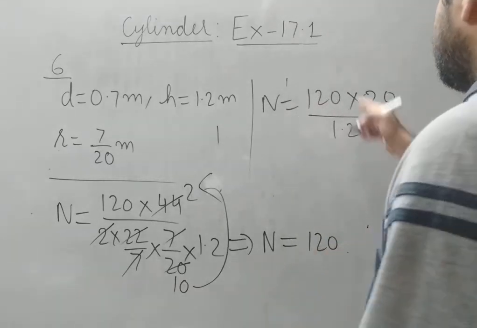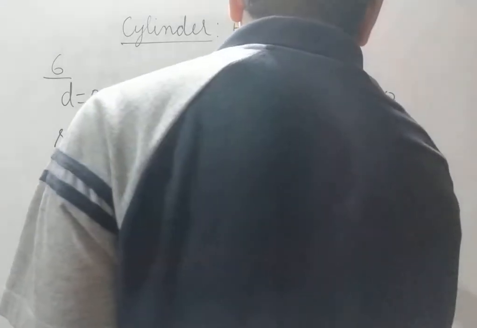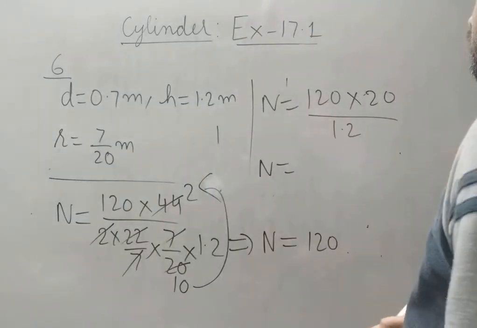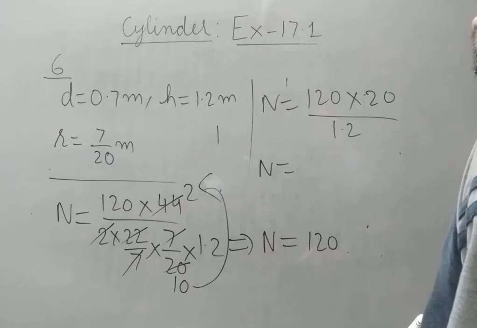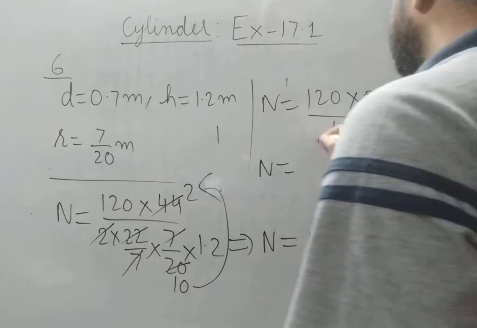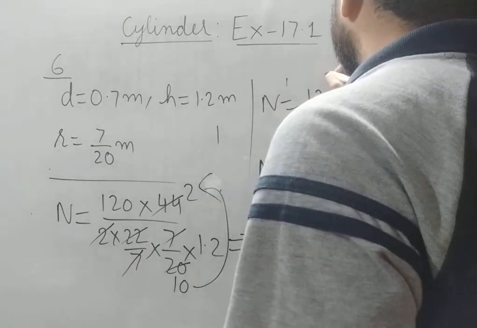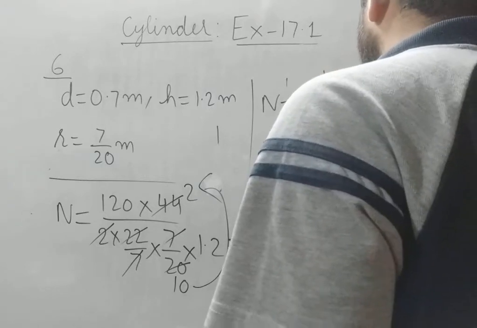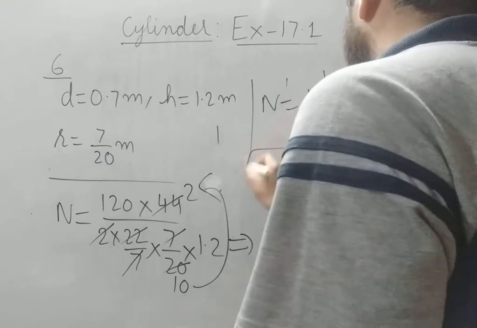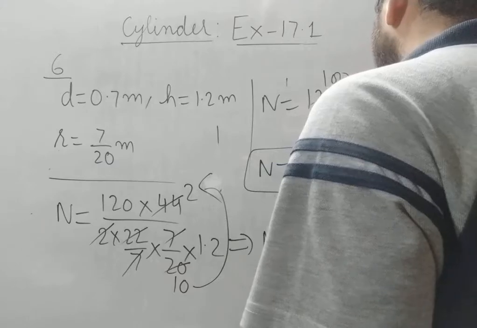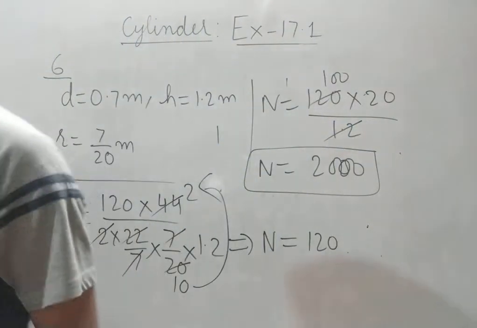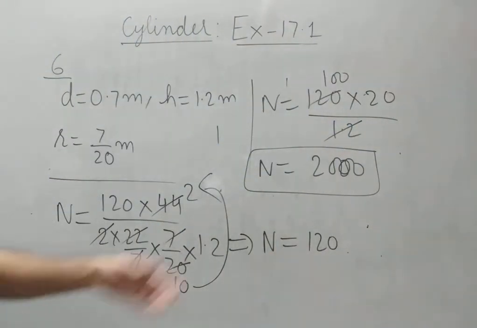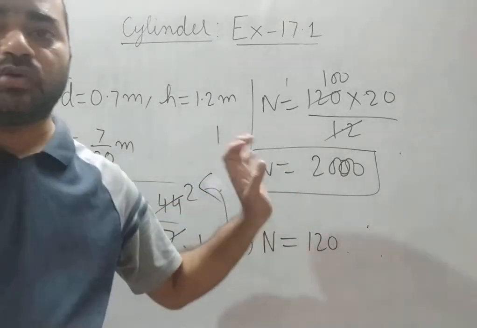Correct? So divide. This will be 10, that is 100. So answer is 2000 complete revolutions. Correct? Here answer is 2000.